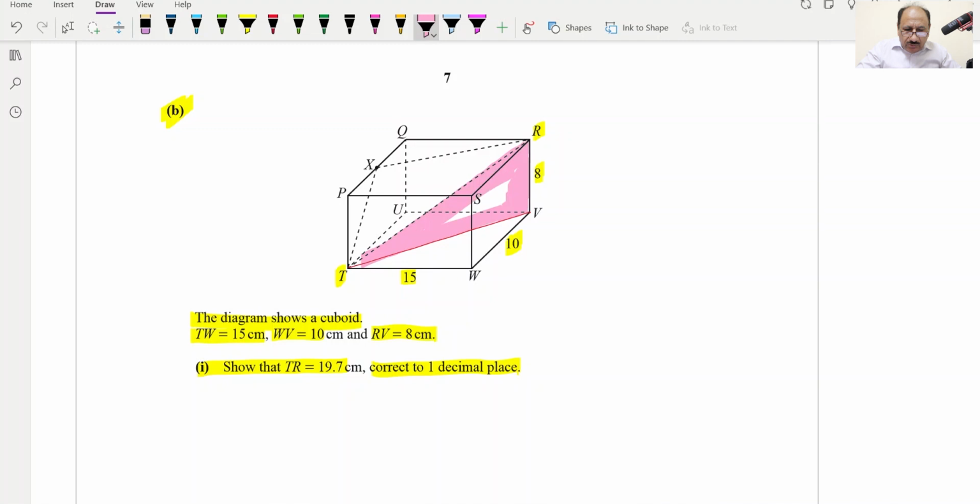So this is the triangle which is in our consideration.